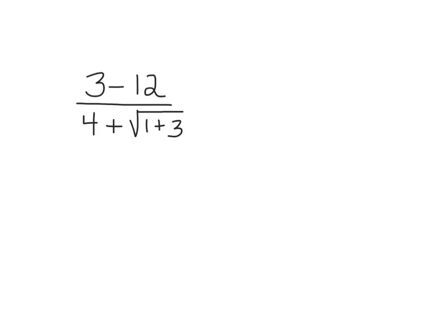Here's a couple of grouping symbols. We have that vinculum, that fraction bar, and we have things in the numerator and in the denominator. So the grouping symbol would say, take those things in the numerator and let's evaluate them. 3 minus 12 is negative 9. Then take the things in the denominator and simplify them. Well, let's see, that would be 4 plus the square root of 4.